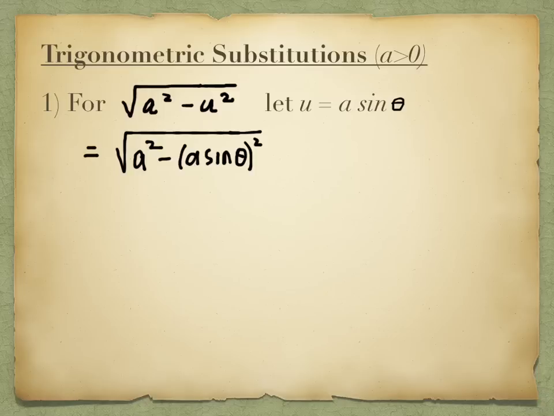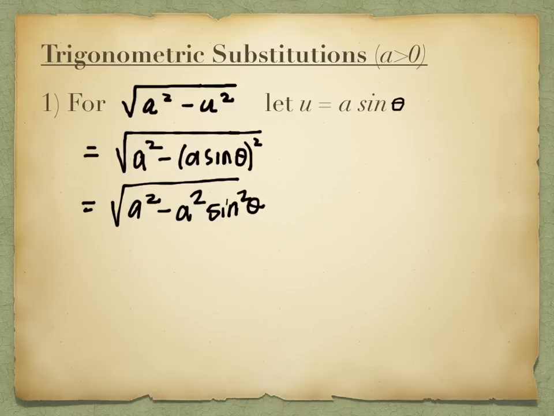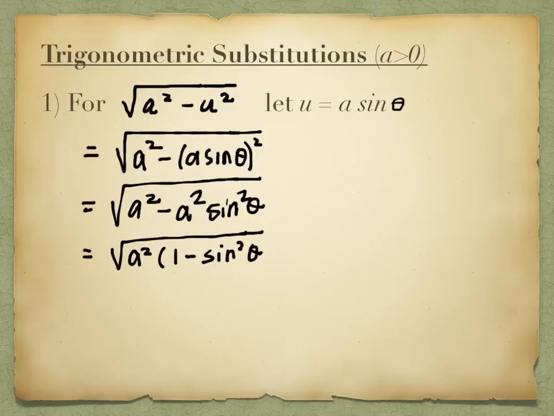Okay, so taking a look at what we have here then, what you'll notice is that this is the square root of a squared minus a squared sine squared of theta. And they both have an a squared in them. Yeah? So I can think about basically factoring out an a squared, which leaves me with 1 minus sine squared of theta.